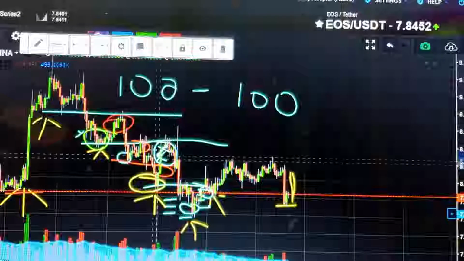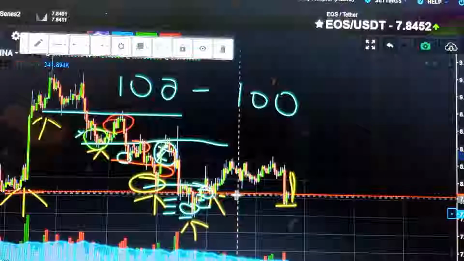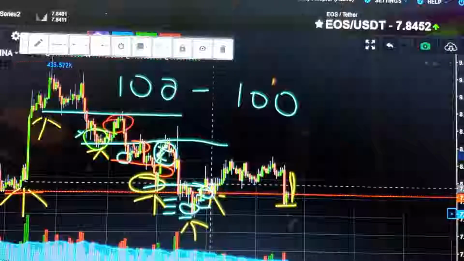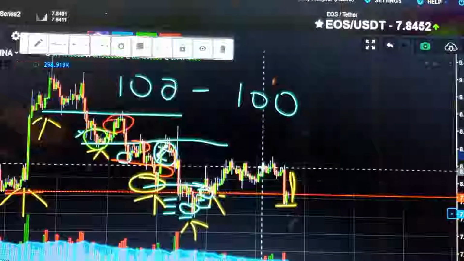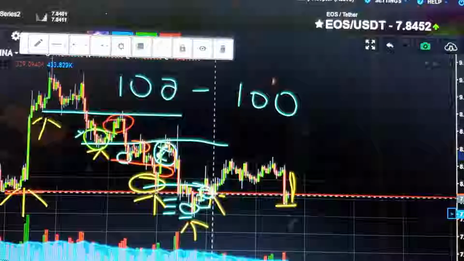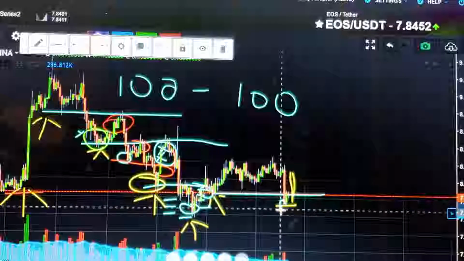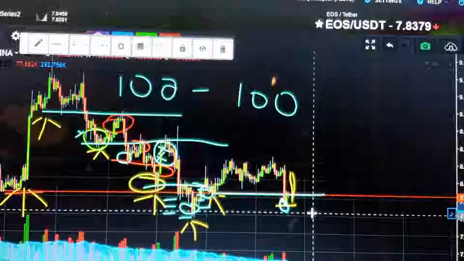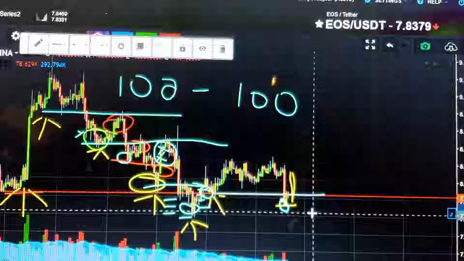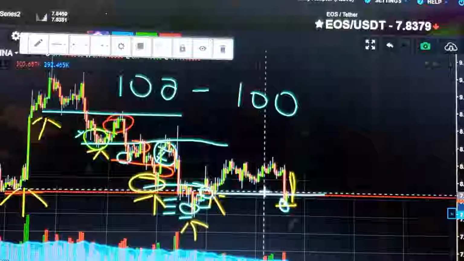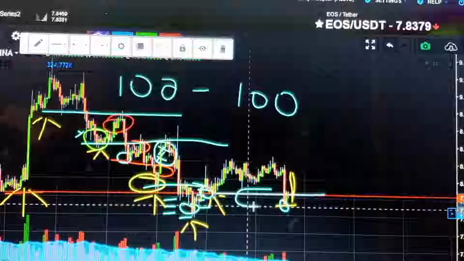So here we had our big bounce, had our push up. Here we kind of had a little push. See? So I bought this right here, because my alert was right through this area.